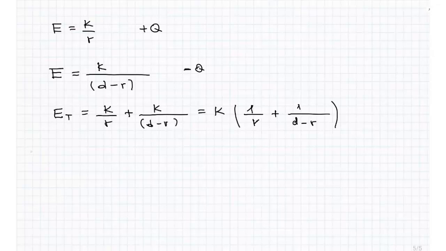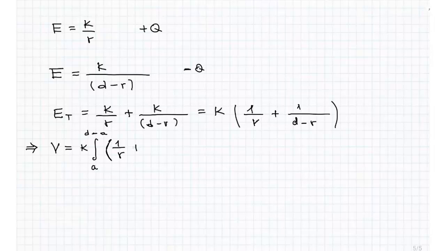So we will have V equal to K times the integral from r equals a to r equals d minus a of 1 divided by r plus 1 divided by d minus r, dr. The integral of 1 divided by r is the natural log of r, right?